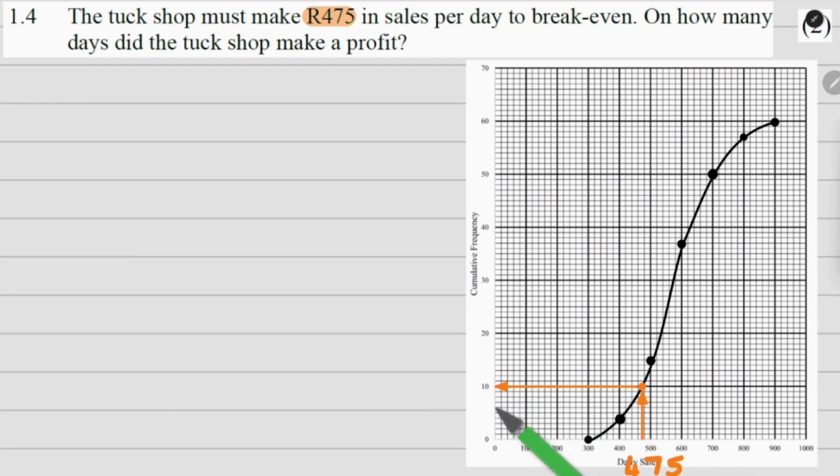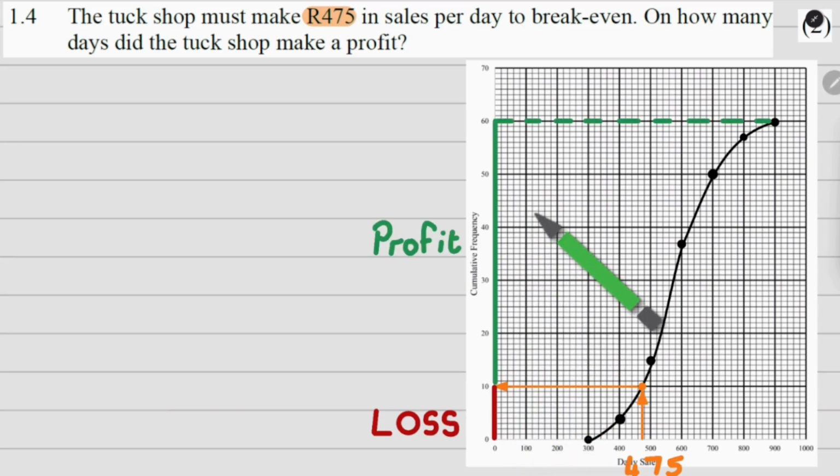And now all the days under this will be the days I made a loss, and all the days above this is where I made a profit. Because on these days, I'm making more than 475, and on the last days, I'm making less than 475.